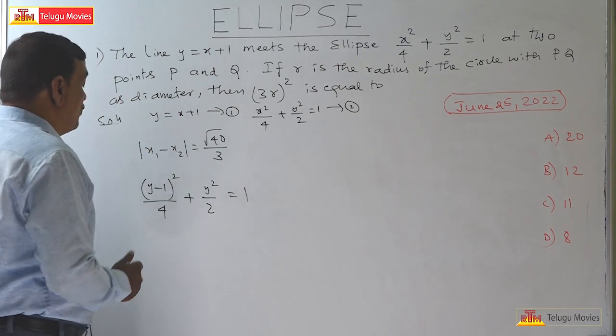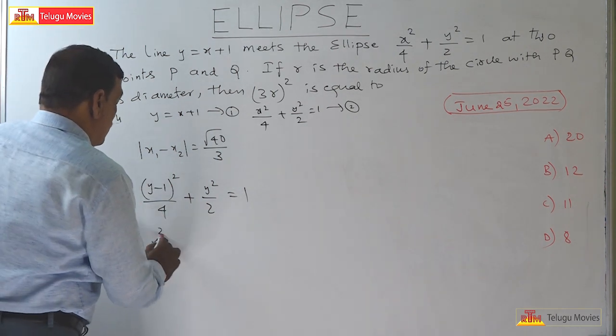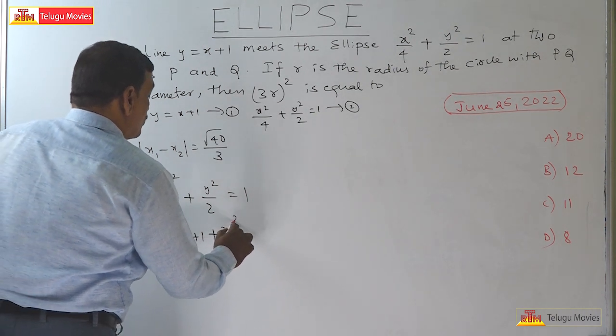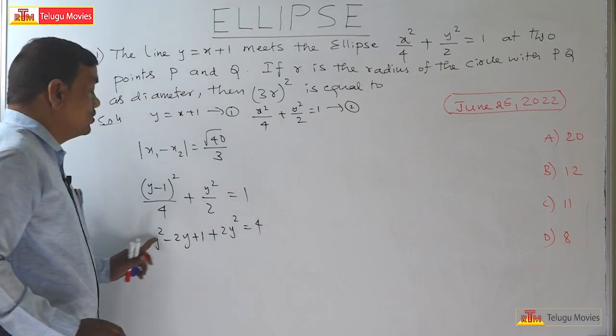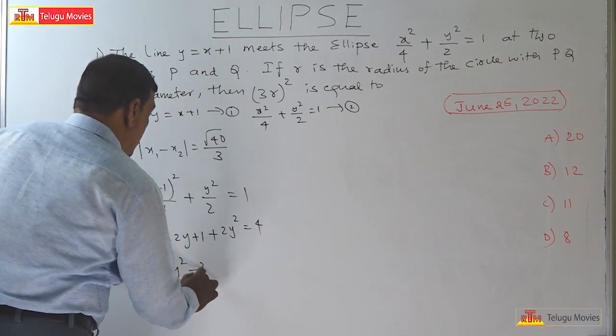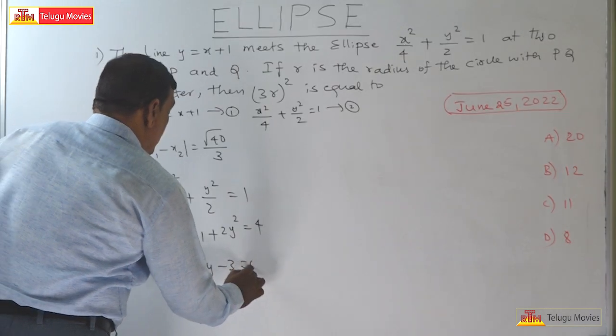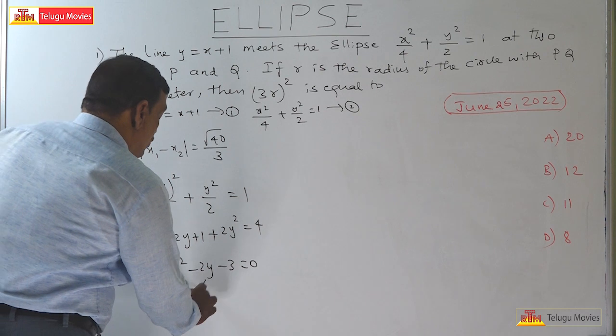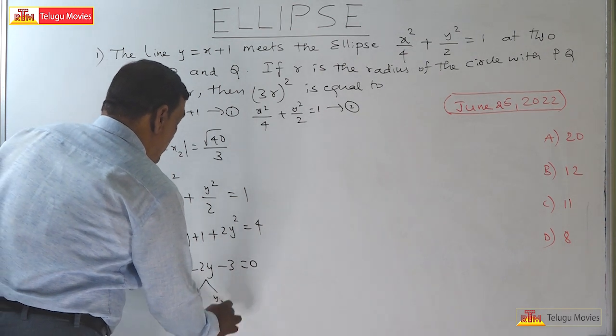Now, multiply with 4, so we will get y square minus 2y plus 1 plus 2y square is equal to 4. So y square plus 2y square, this is 3y square minus 2y minus 3 is equal to 0. This is a quadratic equation, it will have two roots, y1 and y2.